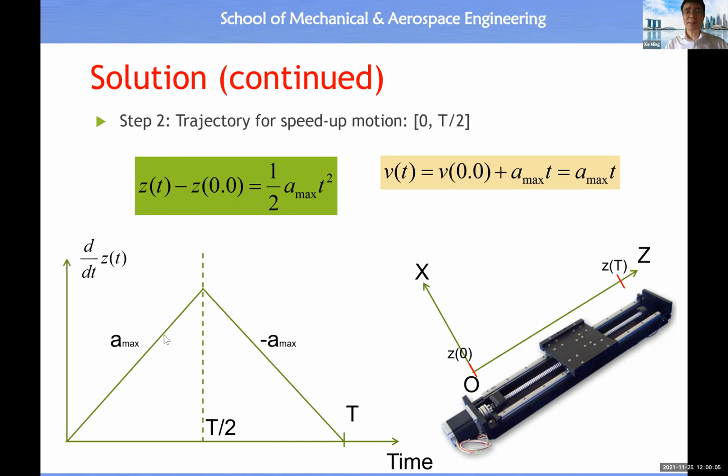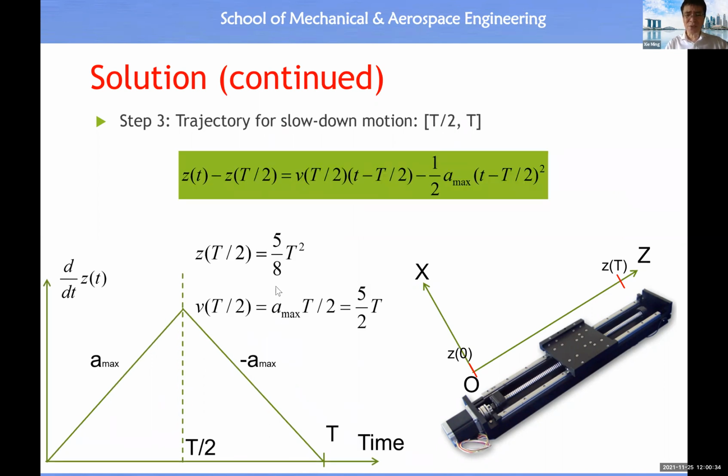Because this is a constant acceleration and the initial position is here, the increment of position is proportional to a, so 1/2 a t squared. For velocity, the velocity will increase linearly. The initial velocity is 0, then the increment of velocity equals acceleration times t. So this is for phase 1.